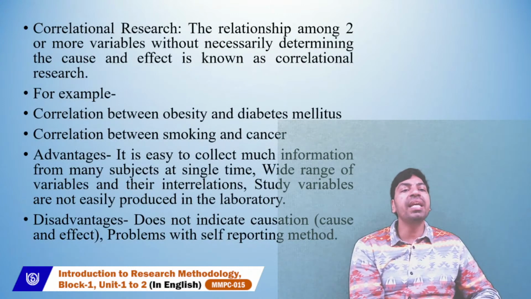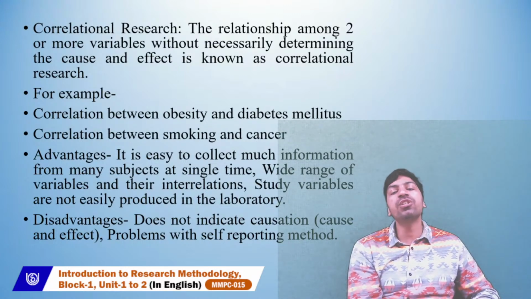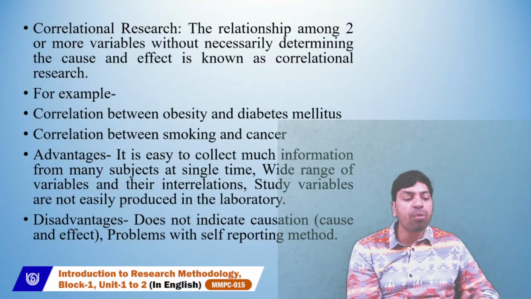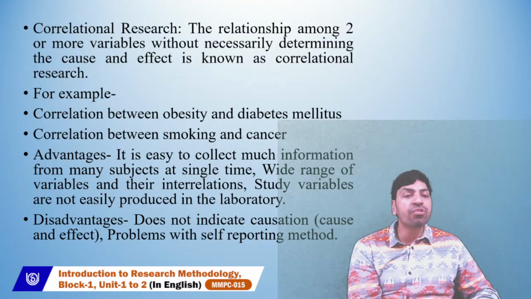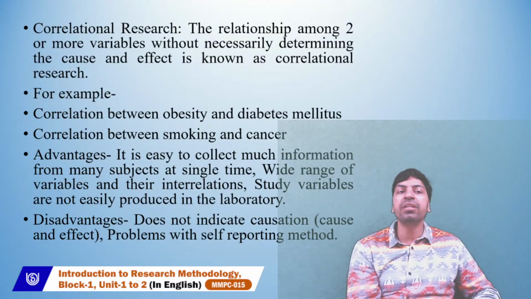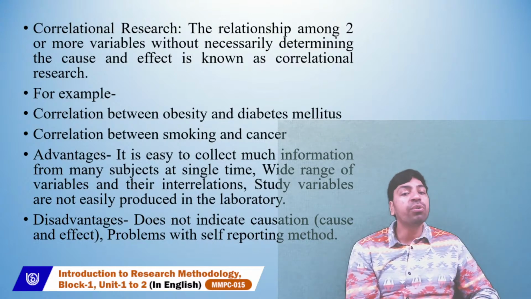Next one is correlational research. Correlational research shows a relationship between two or more variables without necessarily portraying cause and effect. For example, correlation between obesity and diabetes mellitus, correlation between smoking and cancer.